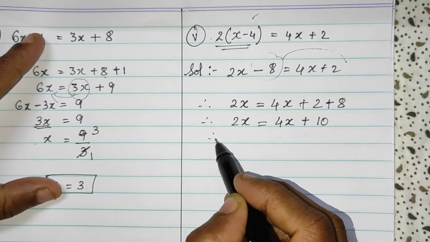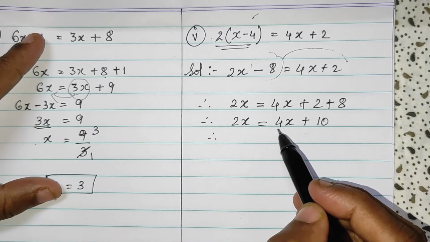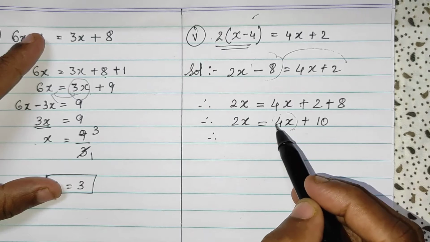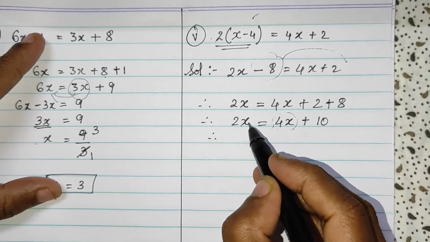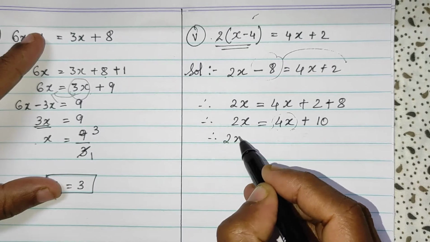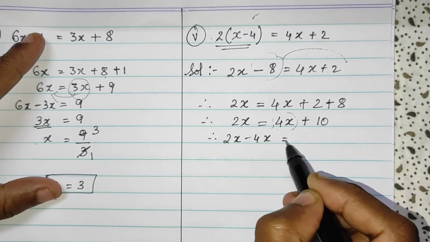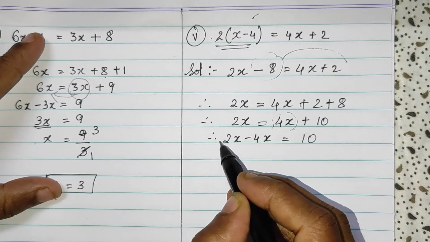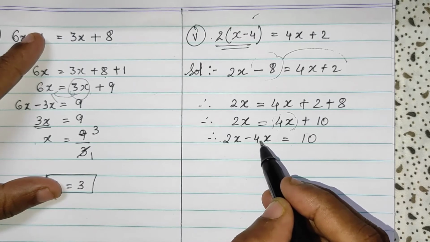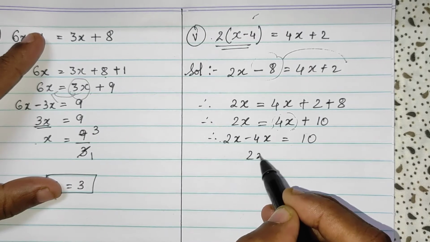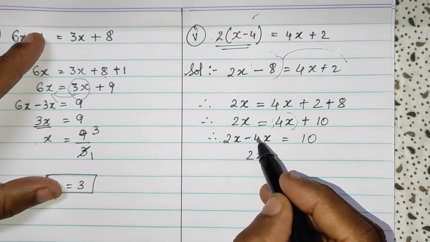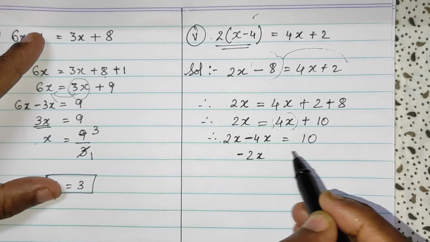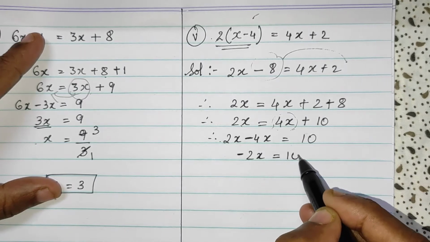So 2x equals 4x plus 8 plus 2, 10. Then further, now what you have to do, this 4x you have to bring here. So it is positive, when it comes this side it will become negative. So 2x minus 4x, 4 minus 2, 2, but 4 is the greater number, because 4 is the bigger number, its sign is negative, we will take negative, and 10.